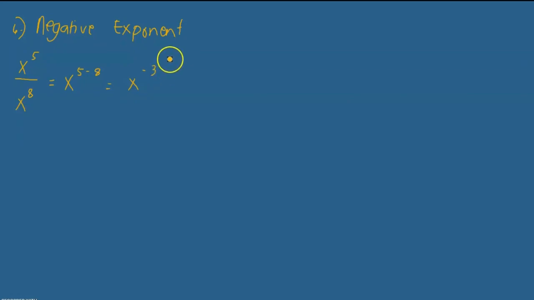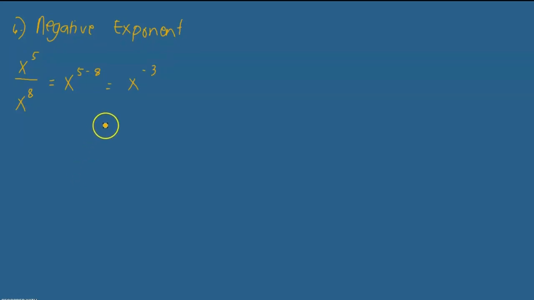But, hindi tayo pwede magkaroon ng answer na negative exponent. So what are we going to do if we have the negative exponent? We just need to get the reciprocal and that will eliminate the negativity of the exponent.